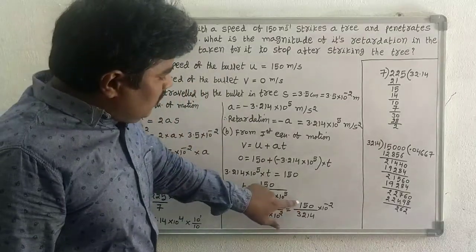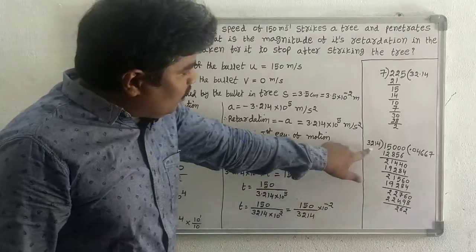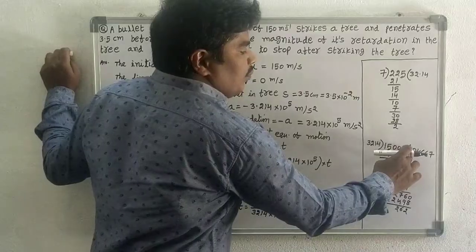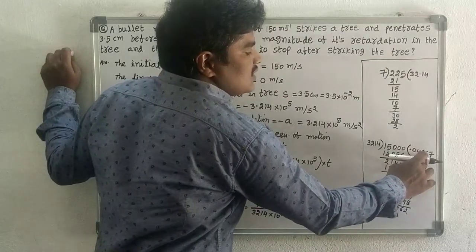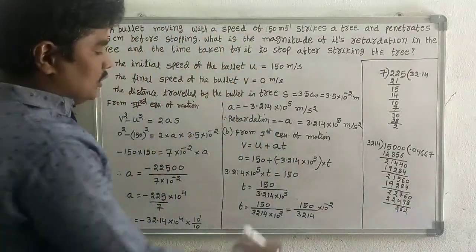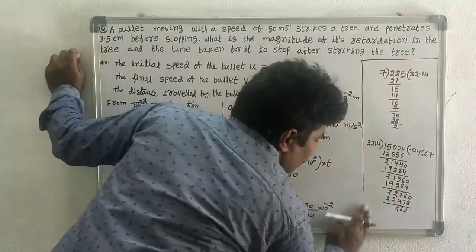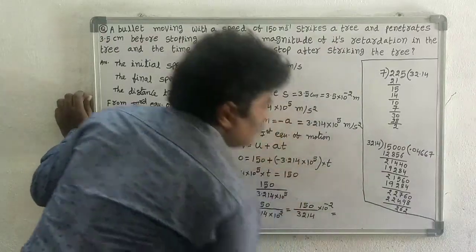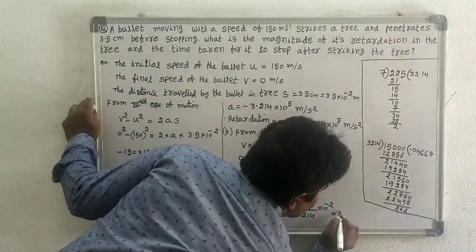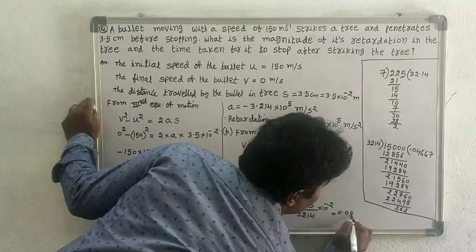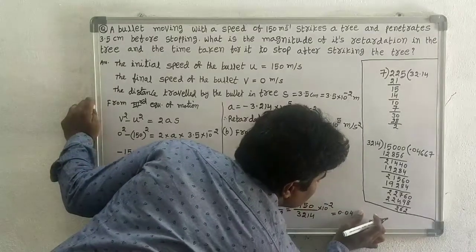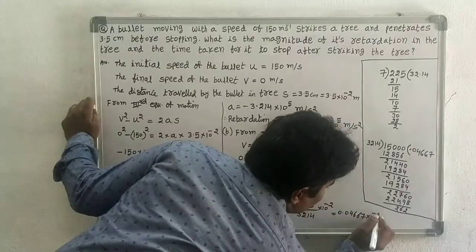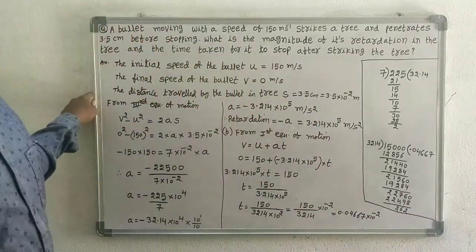I already solved 150 by 3214. So we get finally 0.046667 into 10 to the power of minus 2.